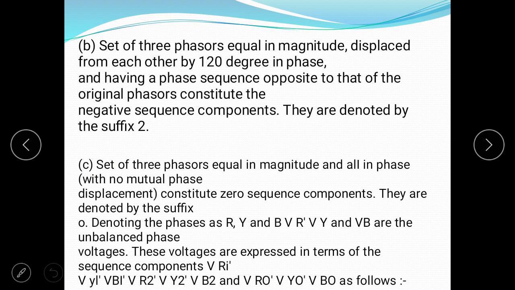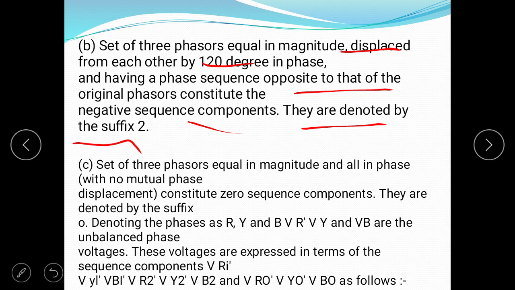Next, the set of three phasors equal in magnitude and displaced from each other by 120 degrees in phase, but having a phase sequence opposite to that of the original phases, is known as the negative sequence component, and it is denoted by suffix 2.